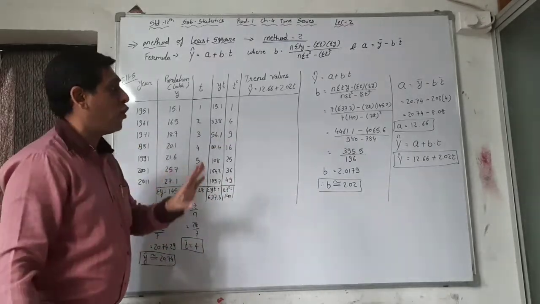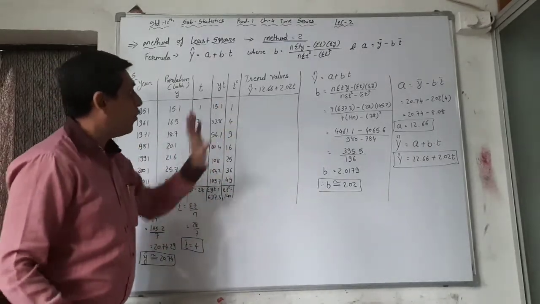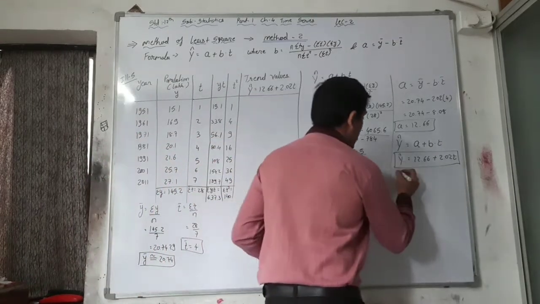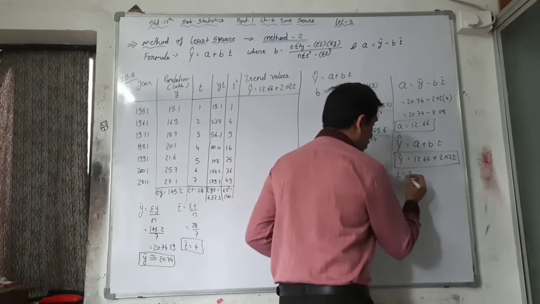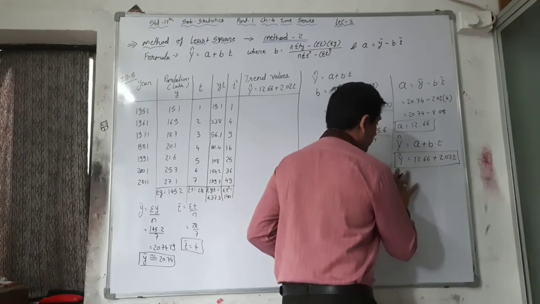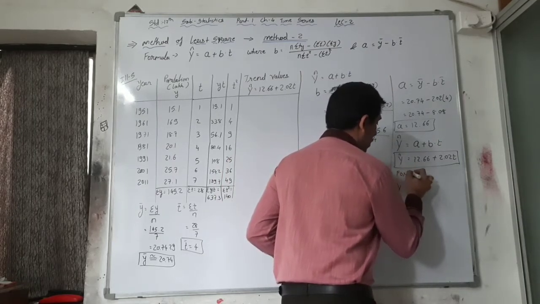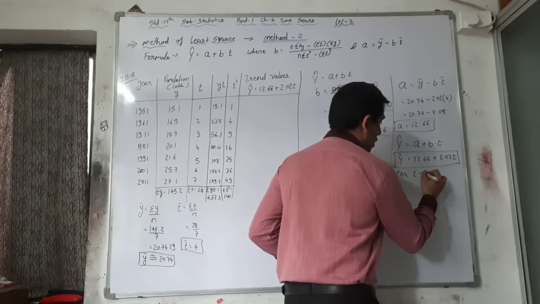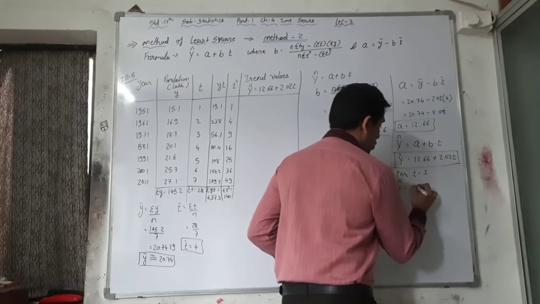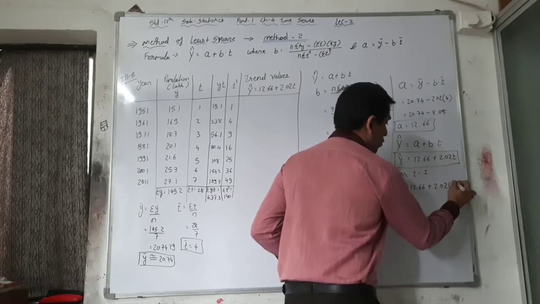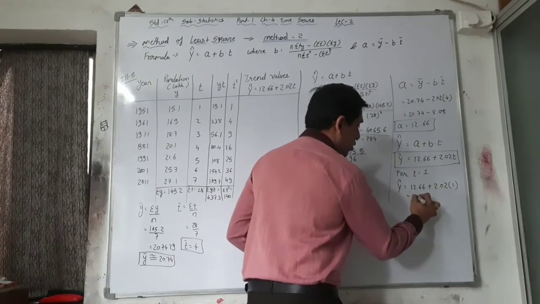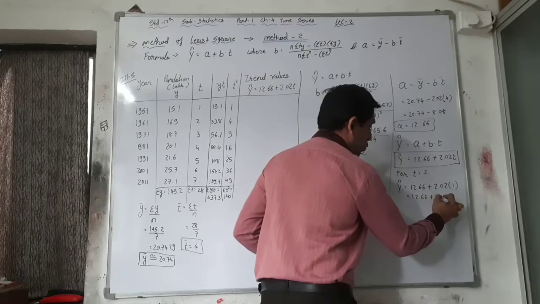First of all, we take t is equal to 1. So what is the value of y cap? For t is equal to 1, y cap is equal to 12.66 plus 2.02 into 1, that is 12.66 plus 2.02.